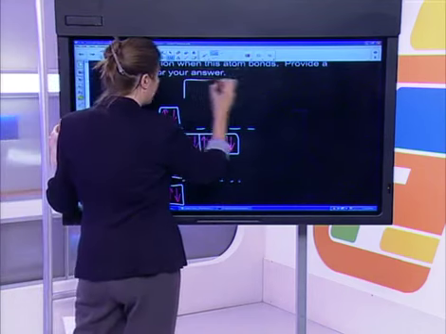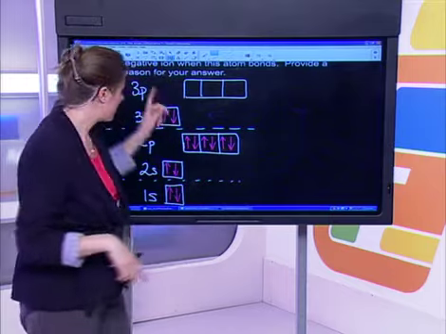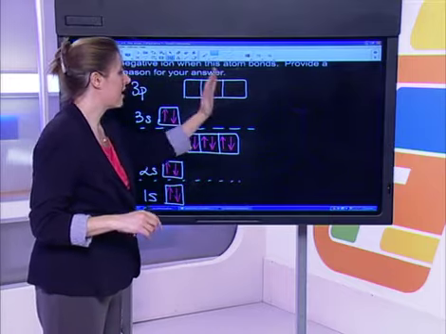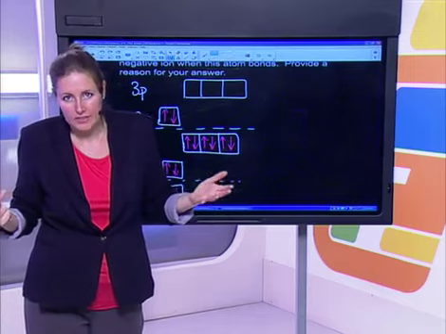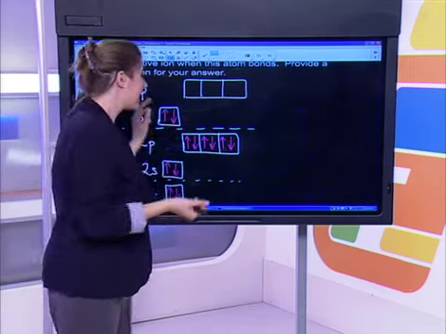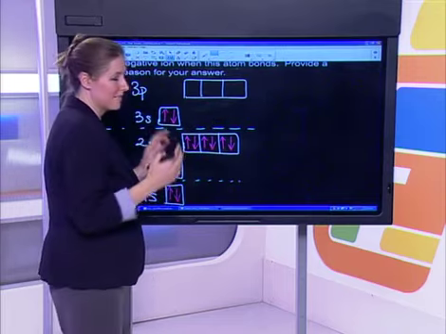I could have filled up with another 6 more electrons that would fill the 3p, and the third energy level would be filled. But how many would it need? 1, 2, 3, 4, 5, 6. A whole 6 more electrons, far too much effort. It could be done, but highly, highly unlikely, because at the end of the day, it's all about energy.